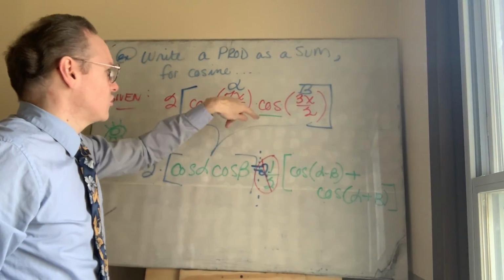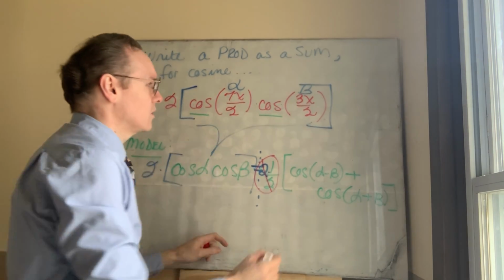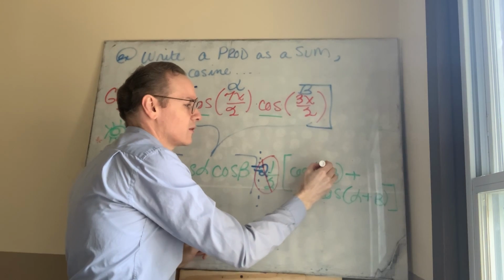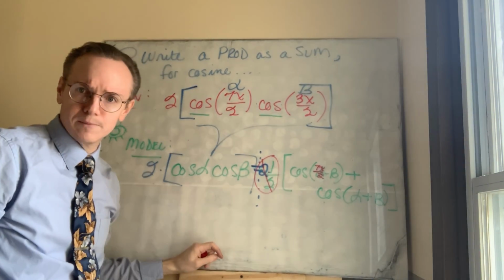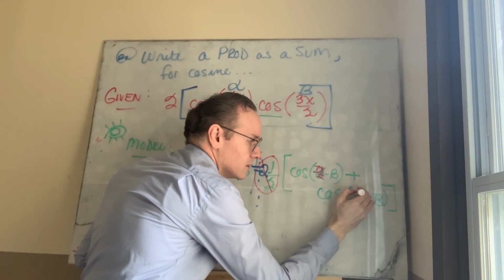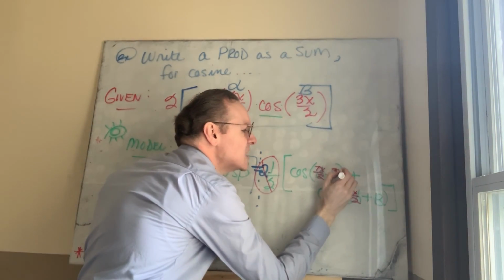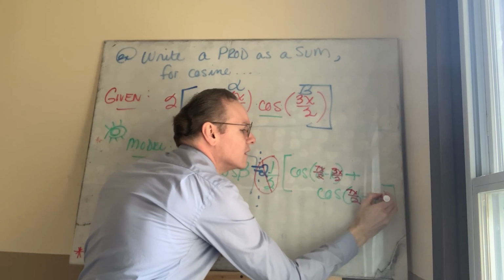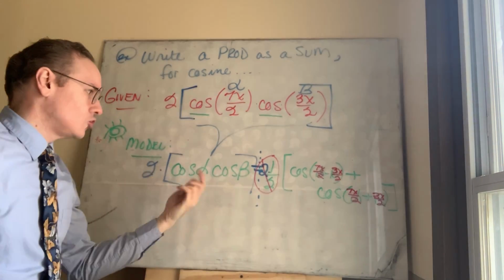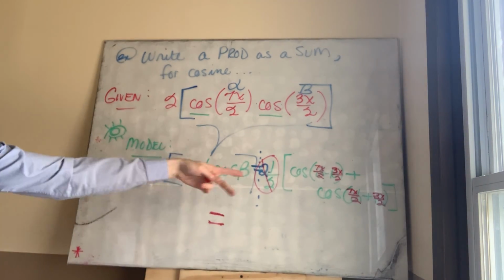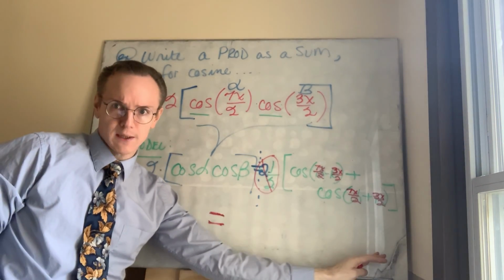And now I'm going to insert the alpha and the beta. So if 7x over 2 represents alpha, 7x over 2 would be squeaked in here, and also here. And beta will be 3x over 2 in these 2 places. Do what simplifying you can, but just realize this is going to be pretty much done.